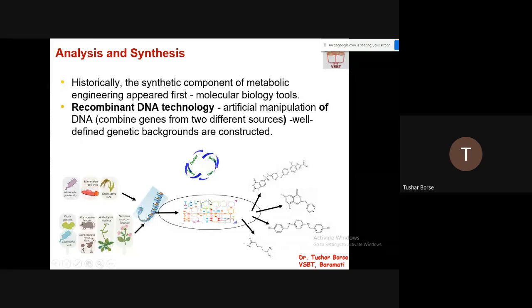And if you modify the metabolism, you may get different products as an output, which you can see here. Fine. So these are arbitrary components which I have shown here just to give you an idea that we can have the output in which you are interested. Obviously you will have to follow these four steps which you have already discussed, that is design, build, test, and learn. By doing all these things, you can achieve the output in which you are interested.